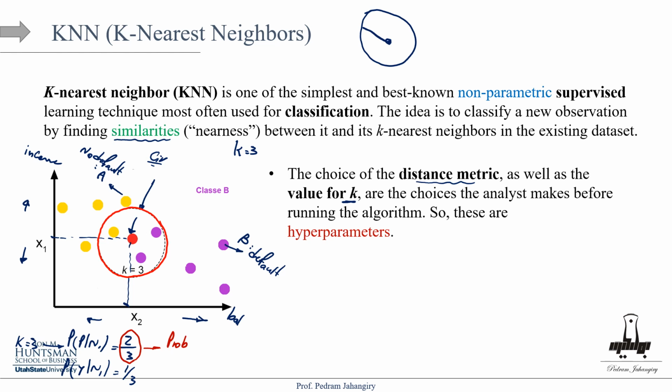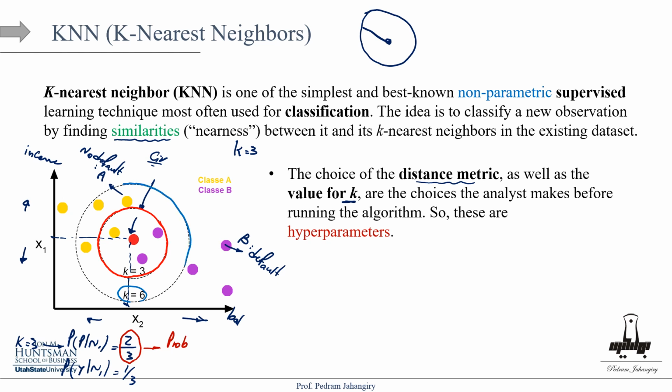Now, KNN is sensitive to the choice of K. If I increase the number of K to 6, see what happens. The new neighborhood is defined as this circle. When K is equal to 6, we have 2 purples and 4 yellows.